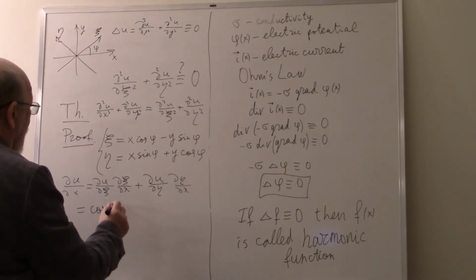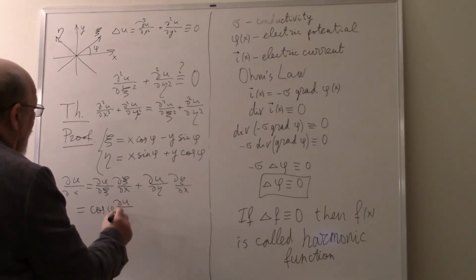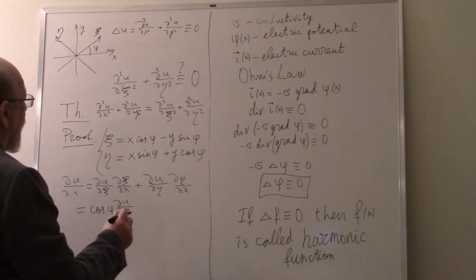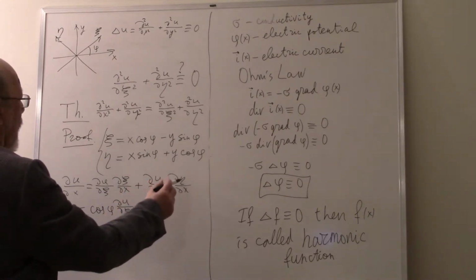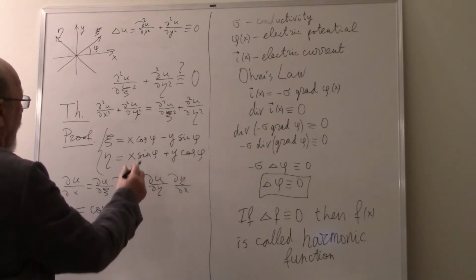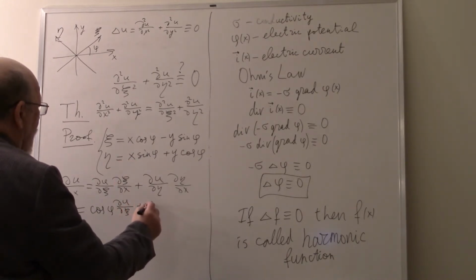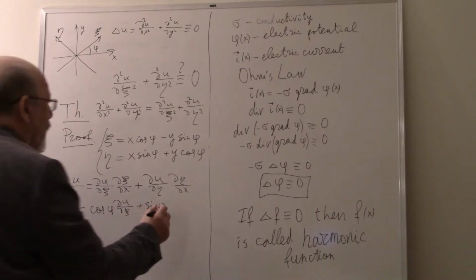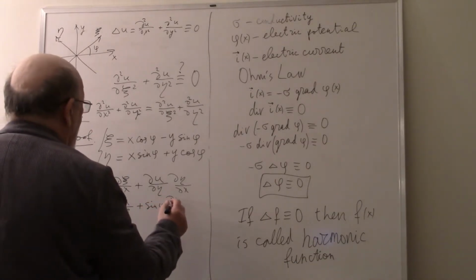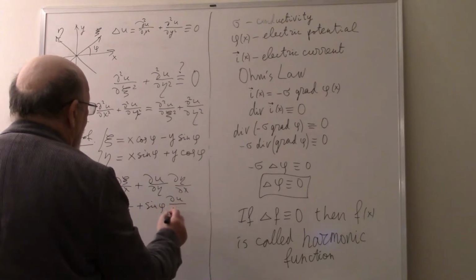Cosine phi du d psi. d eta dx is sine phi. Plus sine phi du d eta.